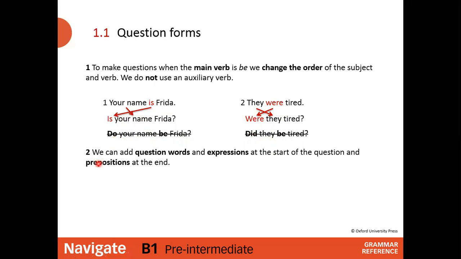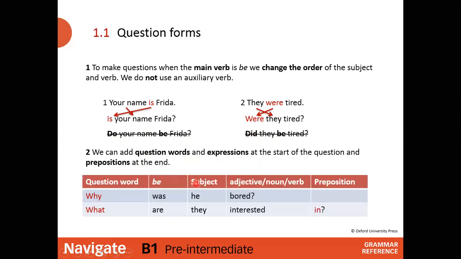All right. Next rule. We can add question words and expressions at the start of the question and prepositions at the end. Actually, here you can see a kind of summary of the two rules previously explained. In this table you can see question word, be, subject, adjective, noun, verb, preposition.